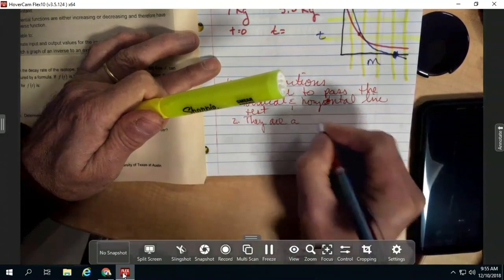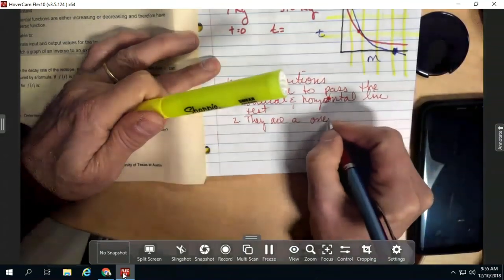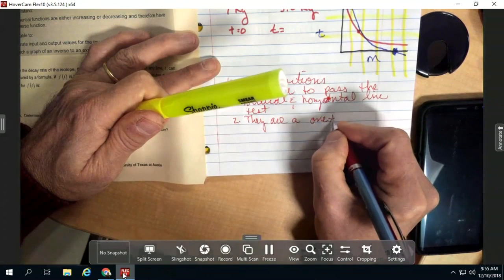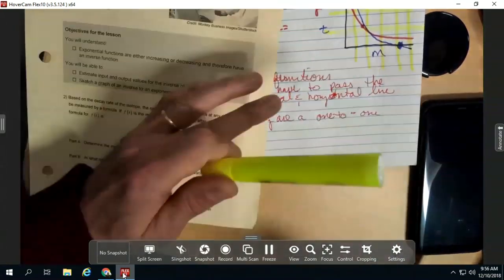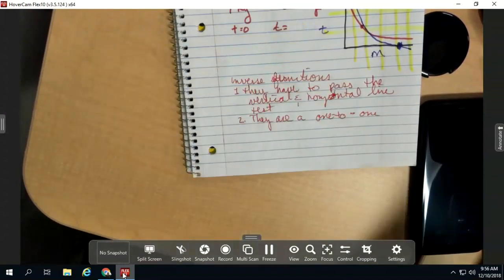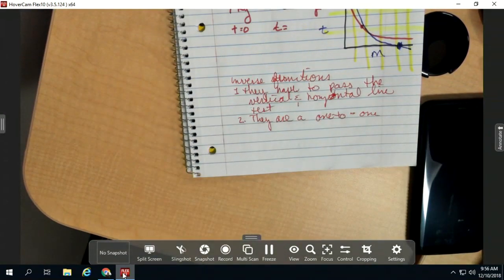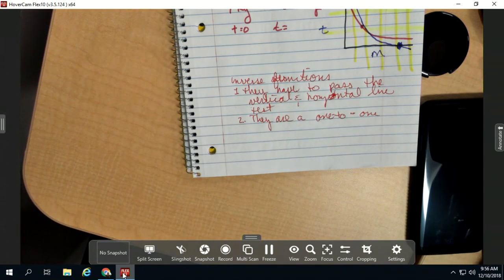They are a 1-to-1. What does it mean to be a 1-to-1? Every input has one output. Every output has one input. There are no double Rooskies. Those are the two characteristics of an inverse function.